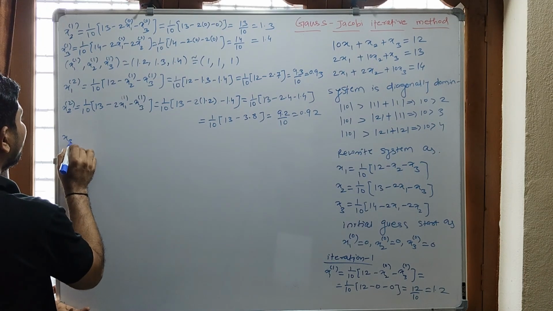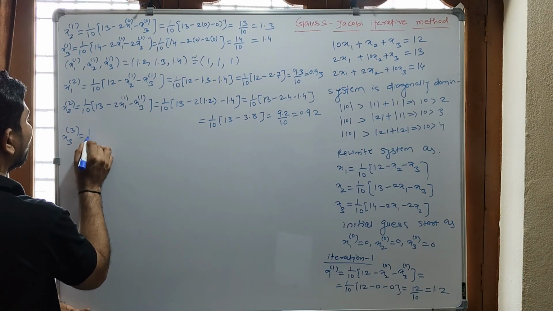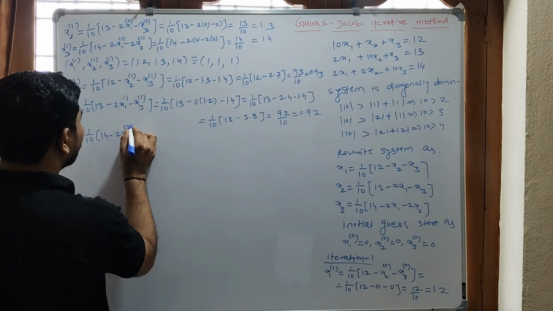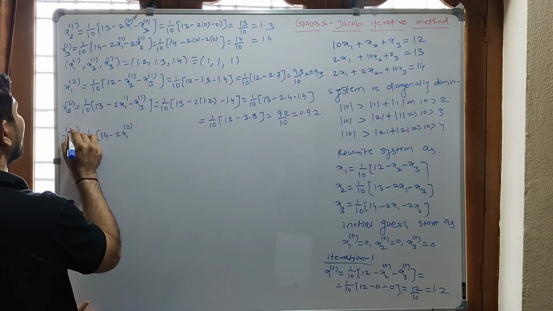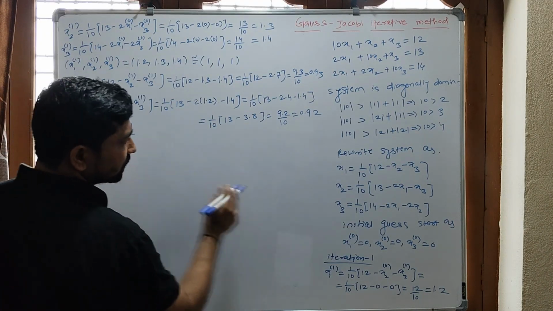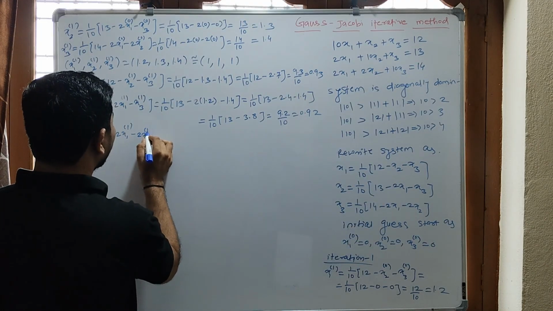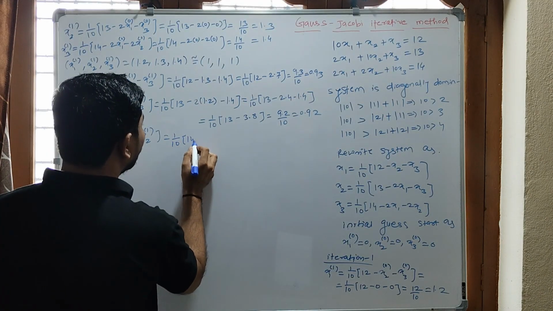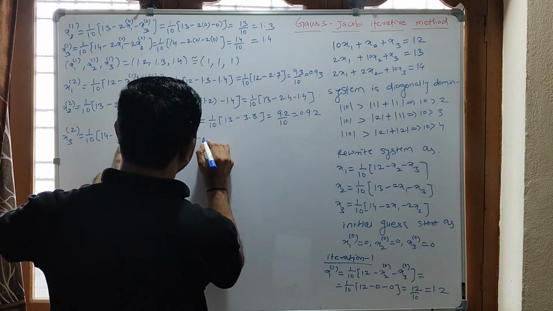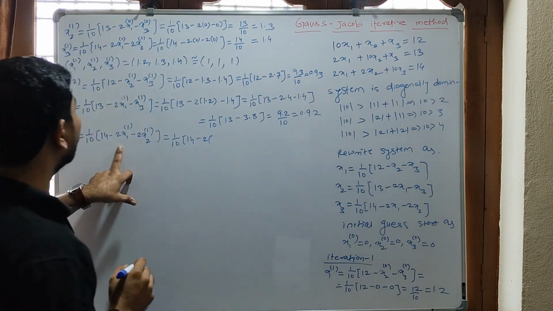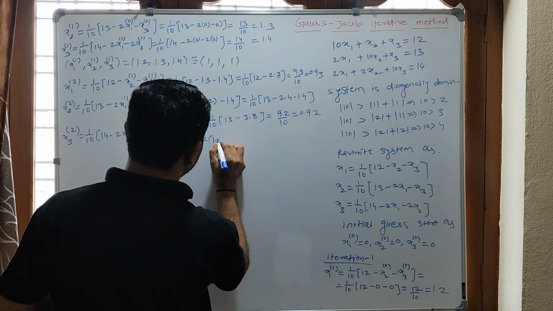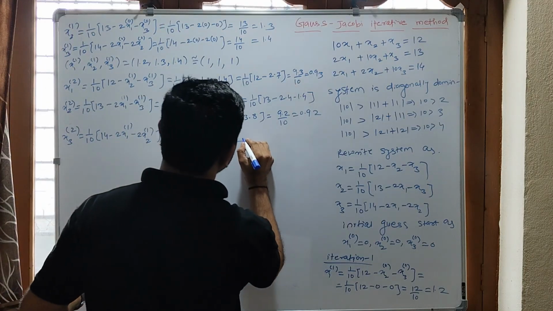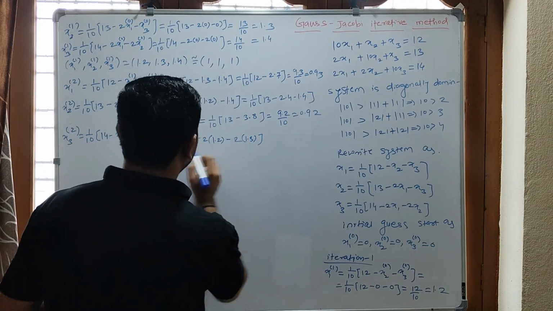Now find the x3 at 2, which is equal to 1 by 10 times 14 minus 2 times x1 at 1 minus 2 times x2 at 1, which is equal to 1 by 10 times 14 minus 2 times 1.2 minus 2 times 1.3.